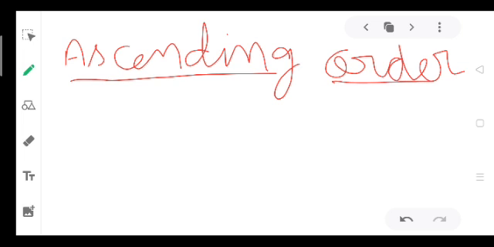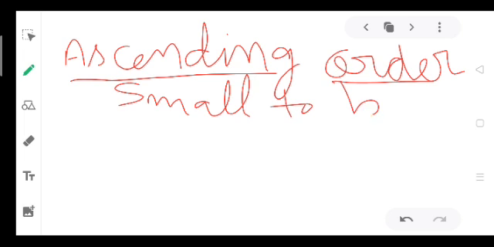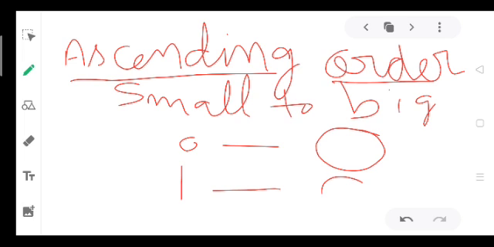Ascending order means we have to go from small to big, from the smaller number to the biggest number. 1 is the smallest 1-digit number, 9 is the biggest number. If the numbers 1 to 9 are given, firstly I will write 1, then the next numbers, and at the end I will write 9. Smaller to bigger. Clear?